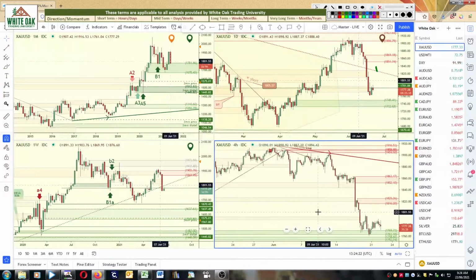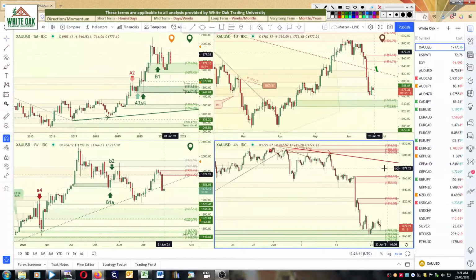So if it doesn't continue, then logically, what we can start thinking about is the potential for them to start to add back into their positions to further push price in a certain direction. All right, so in terms of gold, I think there's a good chance, we spoke about this before, that we start seeing momentum building from this area and then start heading higher.